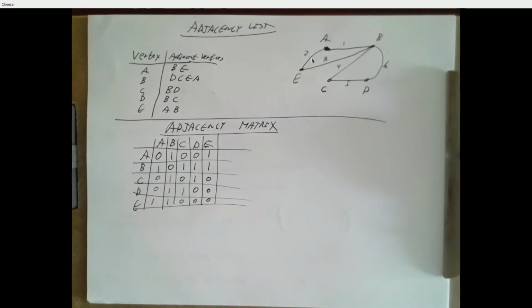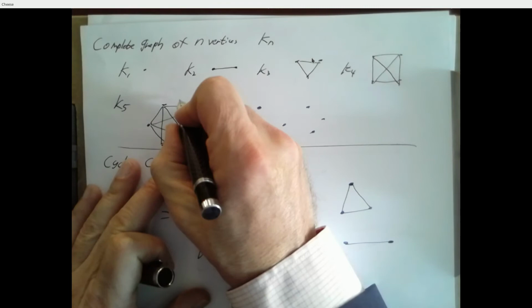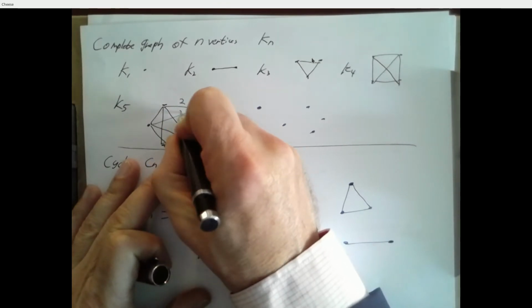The other thing we can do with this is we can store what's called a weighted graph. And a weighted graph is just a plain old graph, but with the added detail that there can be a weight associated with each of these edges.